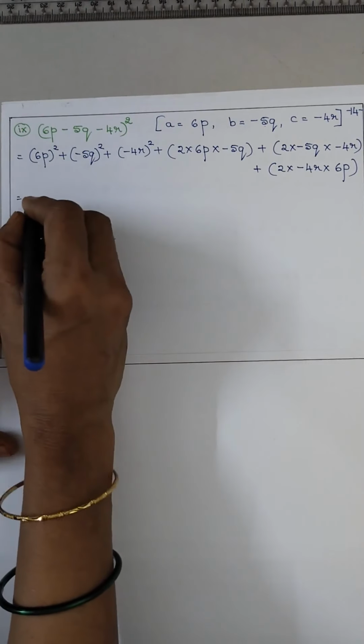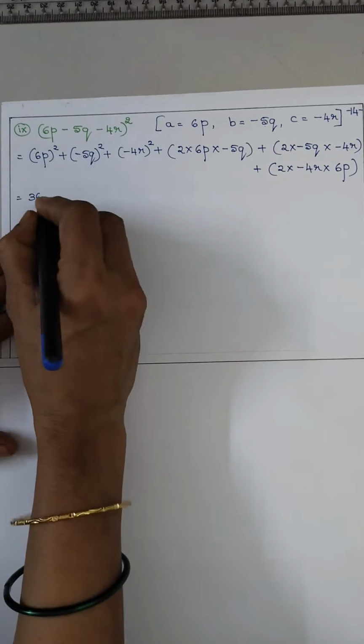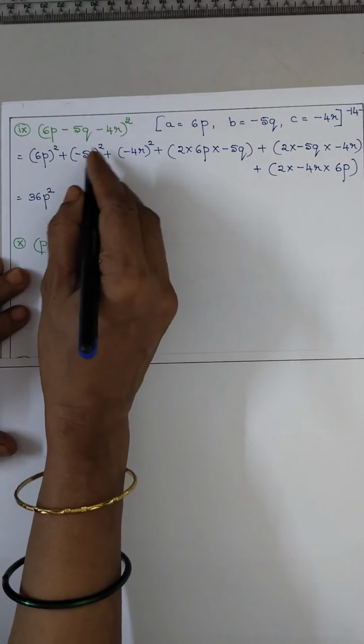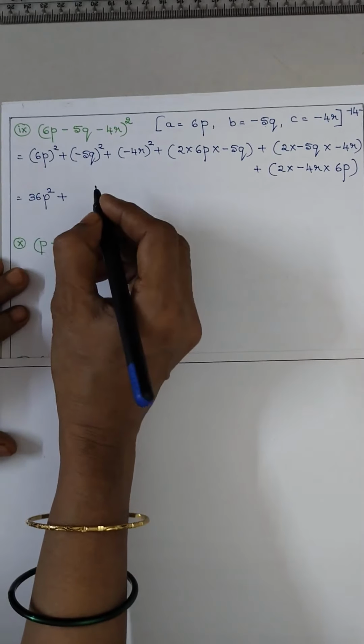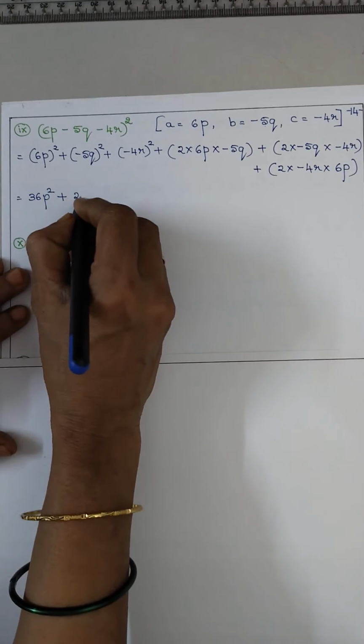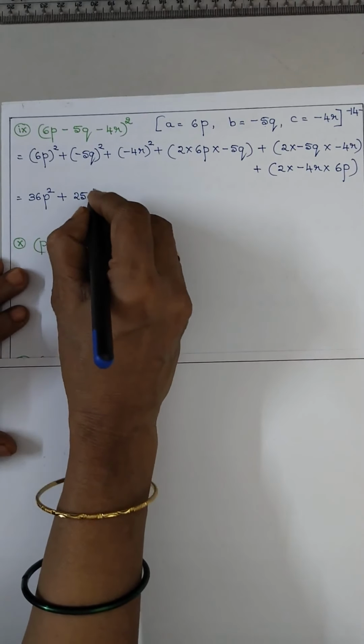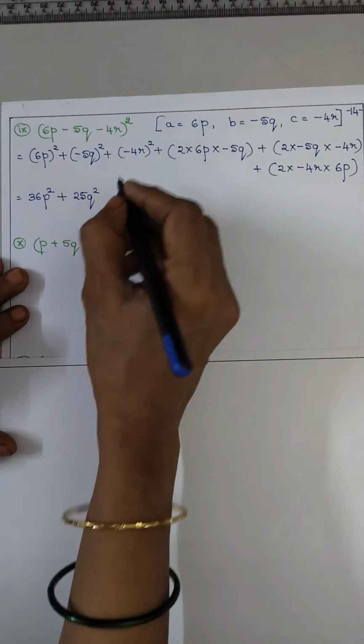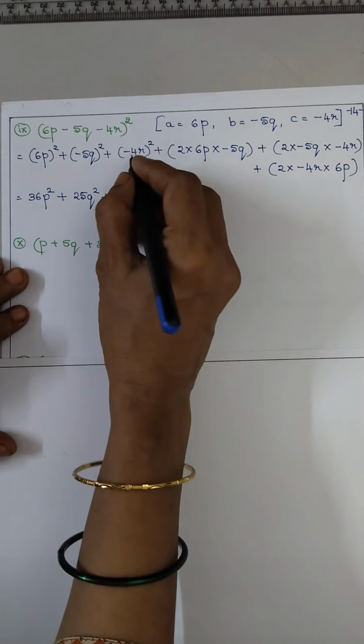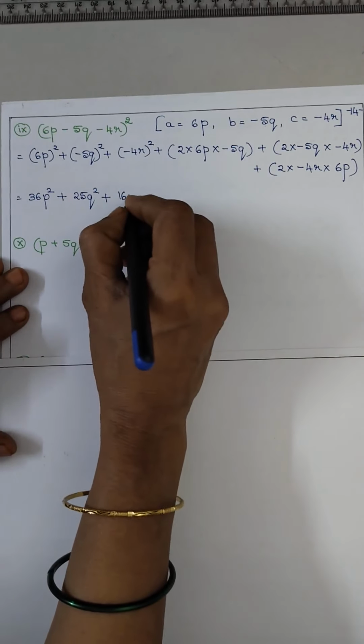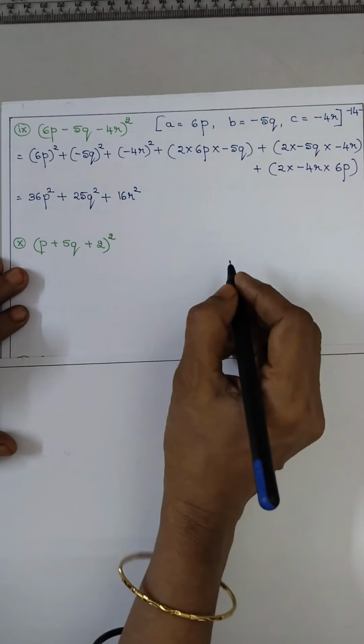Now 6 square 36, p square, square of negative positive, 5 square 25, q square, square of negative positive, 4 square 16, r square.